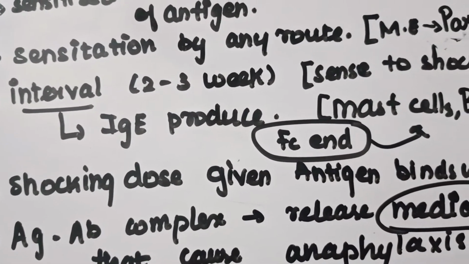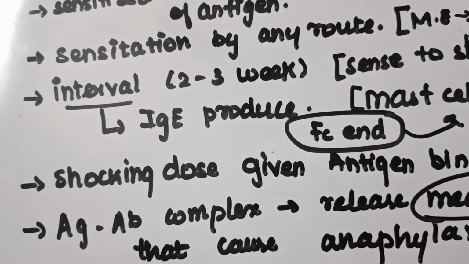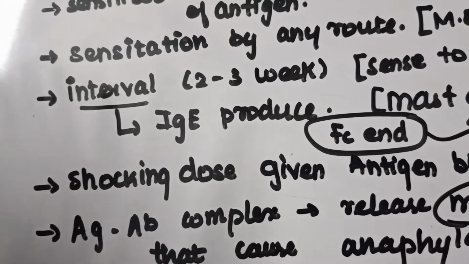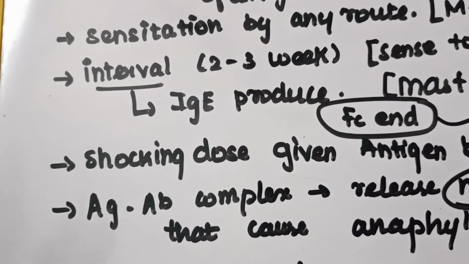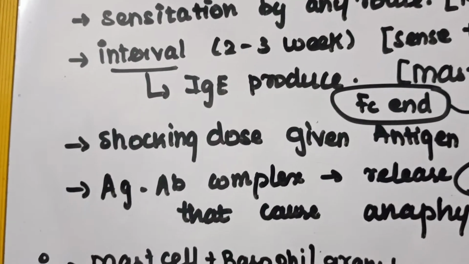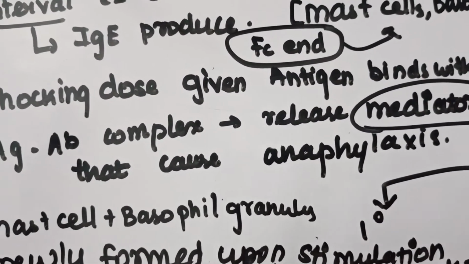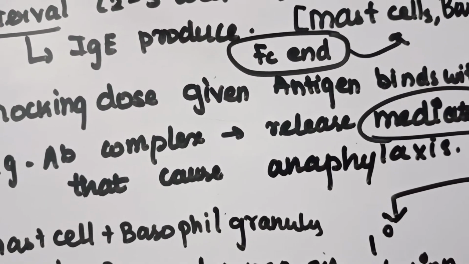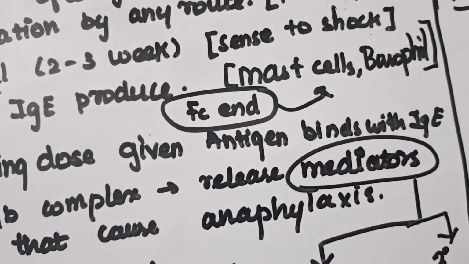Again, these chemical mediators can be of two types, primary and secondary. Primary basically contains mast cell and basophil granules, whereas the secondary or newly formed mediators are formed because of the stimulation through the mast cells, basophils and other leukocytes. Let us see these chemical mediators in detail.